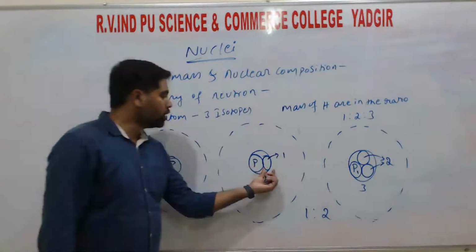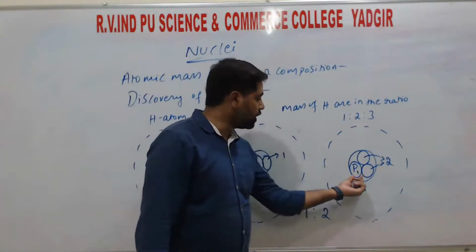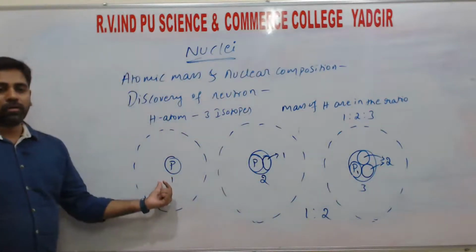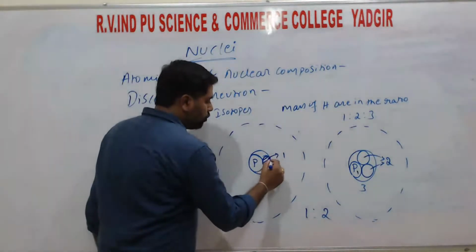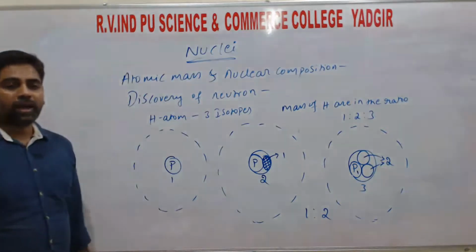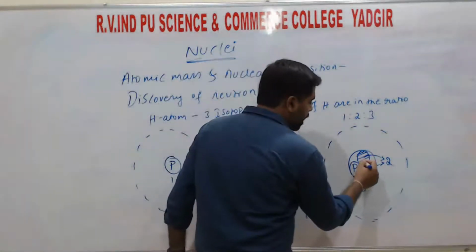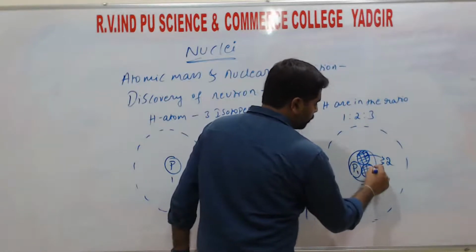We don't know the masses of these extra parts, because we already know we have only the proton. To find this unknown mass, James Chadwick conducted an experiment. Here one unknown mass is there, and here two unknown masses are there.